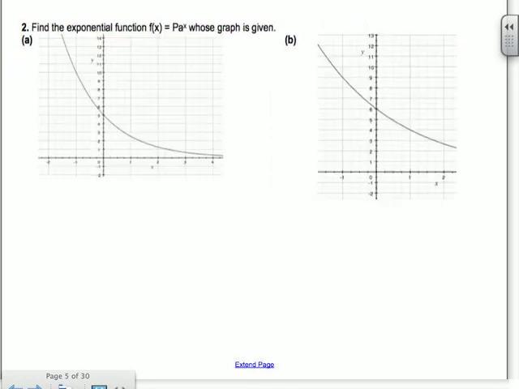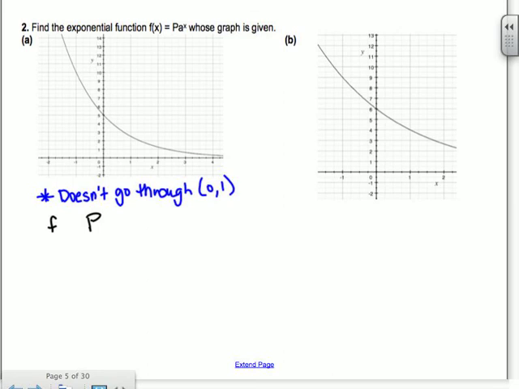All right, so these ones are a little bit harder. Notice how these ones don't go through the point 0, 1. What that means is we have some kind of number out front that we're multiplying by. So that means that we have f of x equals p times a to the x. You can put a little multiplication sign if you want.